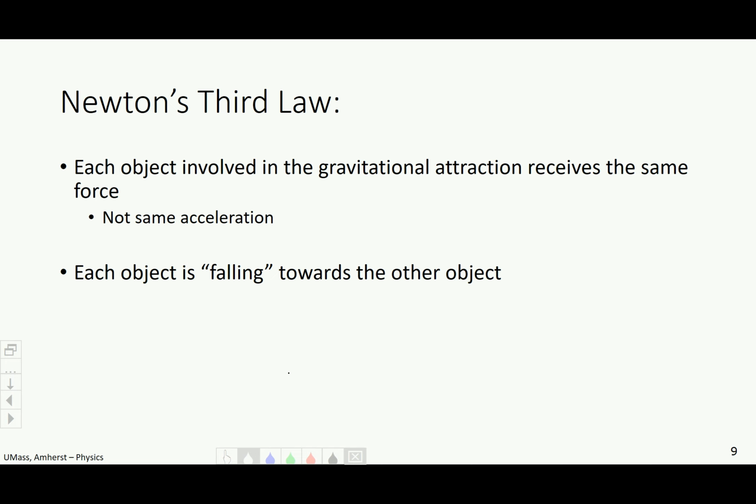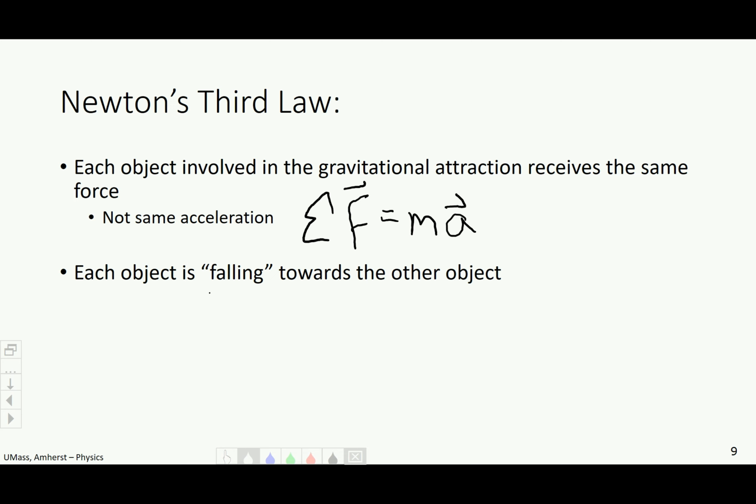The acceleration is different. We're using Newton's second law, sum of forces equals mass times acceleration. So if we receive the same force, and the Earth has a much, much higher mass than we do, which it does, then its acceleration is going to be very small, and we will see that in a moment.